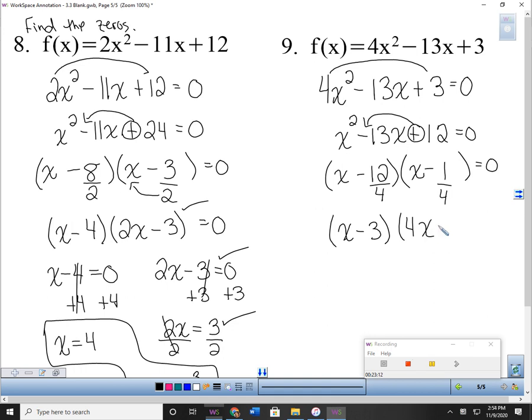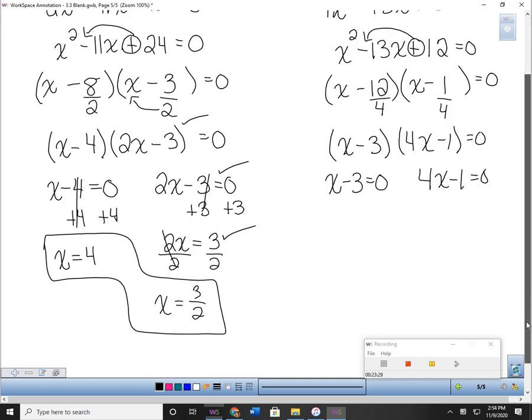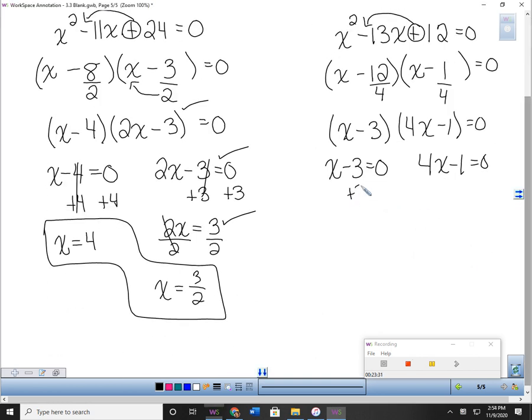Now, since I'm solving, I could realize that this is just going to end up giving me a positive 1/4, yes? But I'm going to go ahead and go through the motions here, just so we can keep everything the same. So I'm going to set both of those factors equal to 0, which gives me a positive 3.